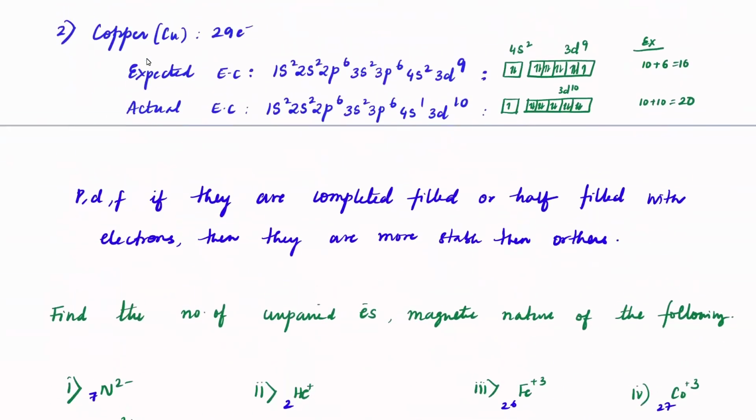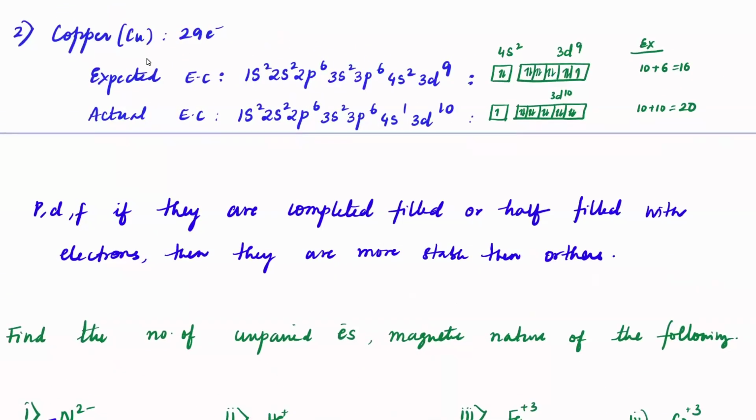Now the same logic applies even in the case of copper. Copper has 29 electrons. The electronic configuration goes from 1s2 all the way to 3d9. Now notice again, when it is 3d9, there are already 9 electrons.